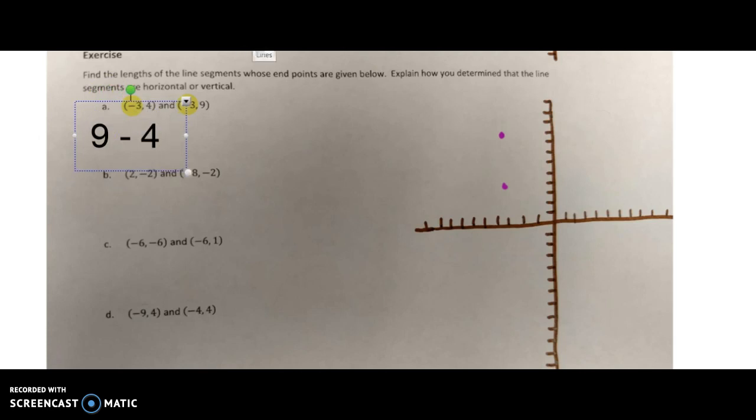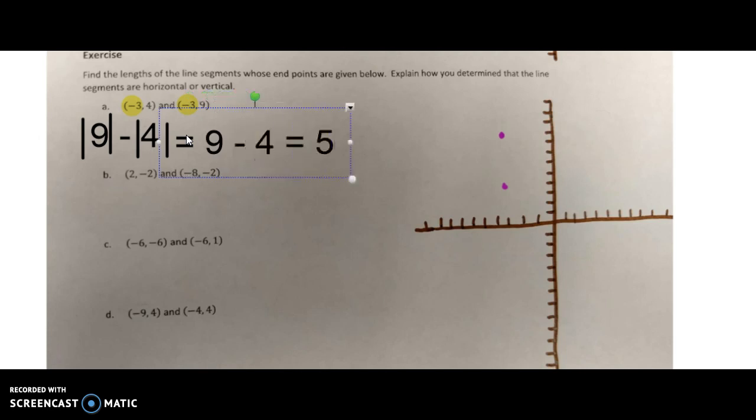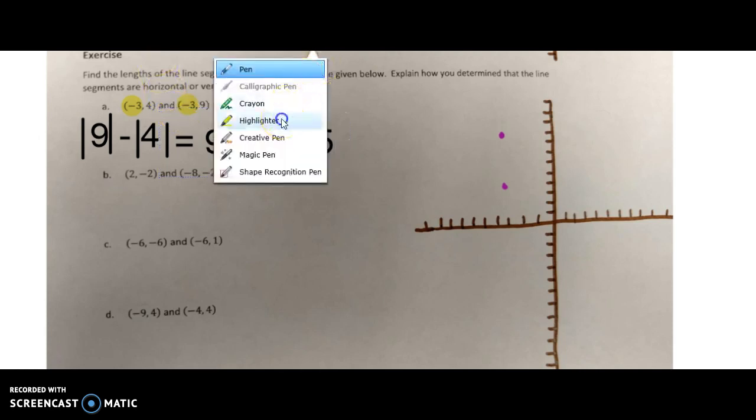And again, I'm working with the absolute values here. So absolute value of 9 minus the absolute value of 4, because it's all about distance from 0, which is absolute value, which gives me 9 minus 4, which gives me 5. So my final answer here is 5.